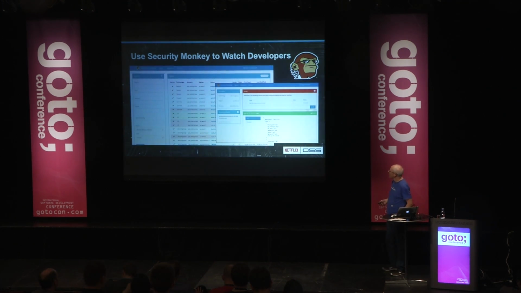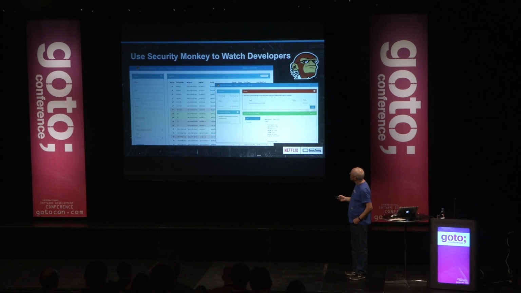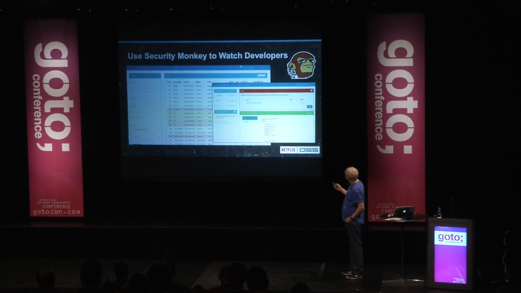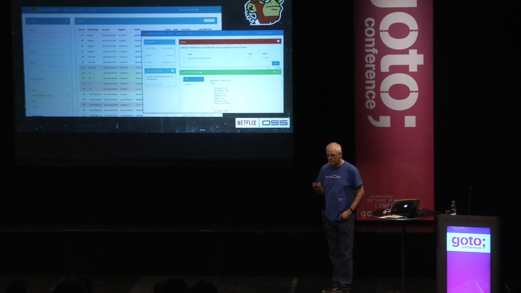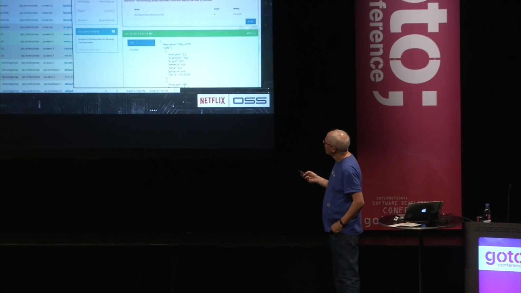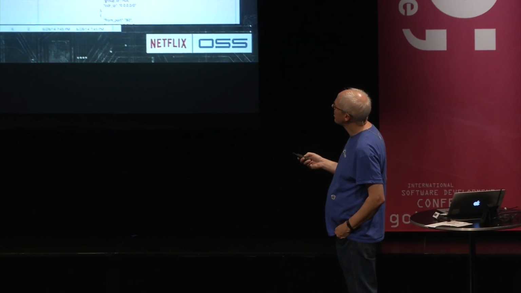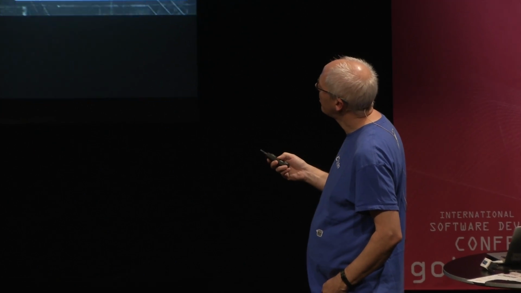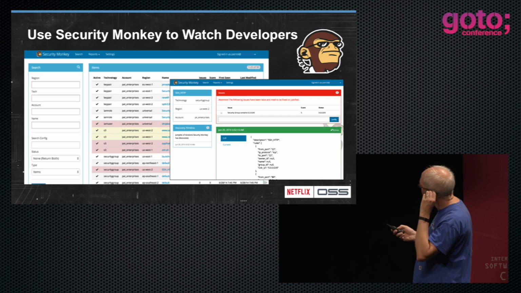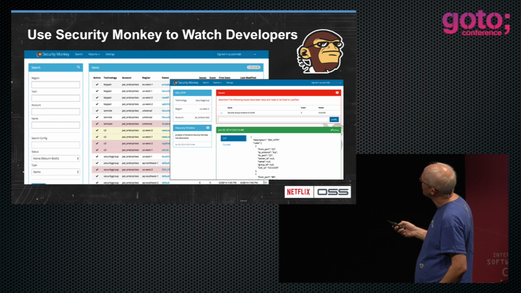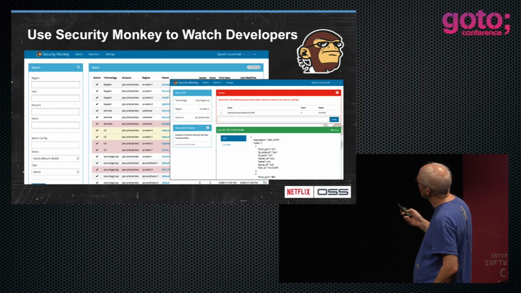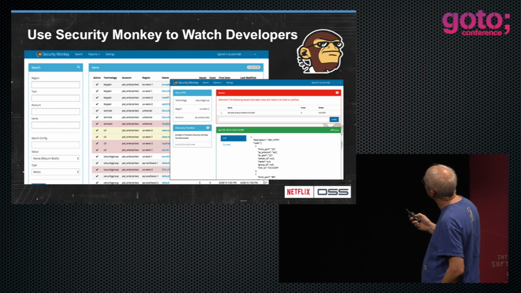So I mentioned a little bit about SecurityMonkey. What you can see here is this pop-up where you add a whole list of different Amazon accounts. And then over here, there's a bunch of different ways of searching through things. And here you've got all the different things it found and what level of worry you should have about them. If you click on one of those, you get this pop-up. So this is: the following issues have been raised and need to be fixed or justified.